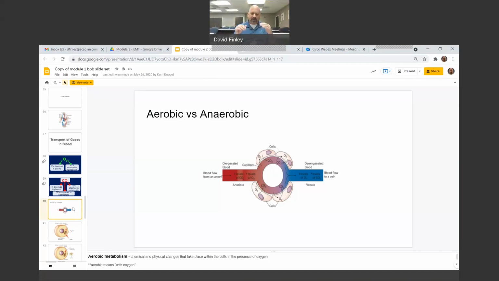So of course the red side, that's the oxygenated side, the high levels of oxygen, all right? You can see that they're offloaded into the cells, move in, cells get rid of CO2, and then we move to the low pressure side or the deoxygenated side, okay? And that's moving back towards the heart, okay? That's what we kind of talked about a while ago.